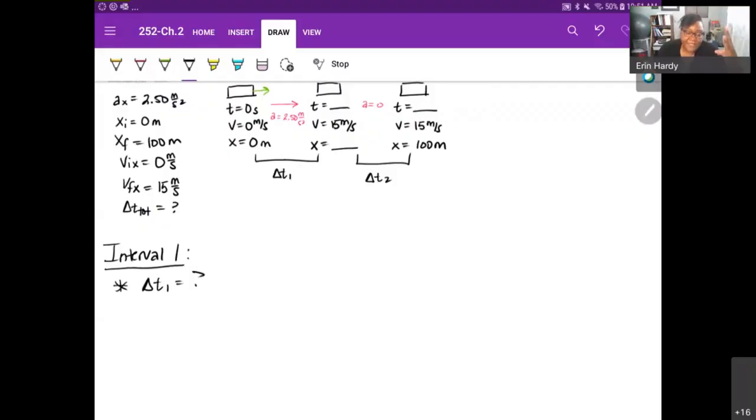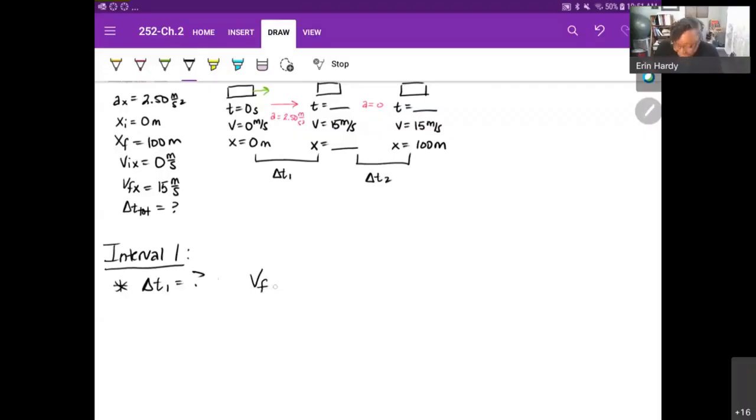And we care about the time in this example. So there's no reason that we couldn't use the time independent kinematic equation. But since we do care about the time for this question, we're going to end up calculating a delta T anyway. So I'm just going to go straight to equation 2.